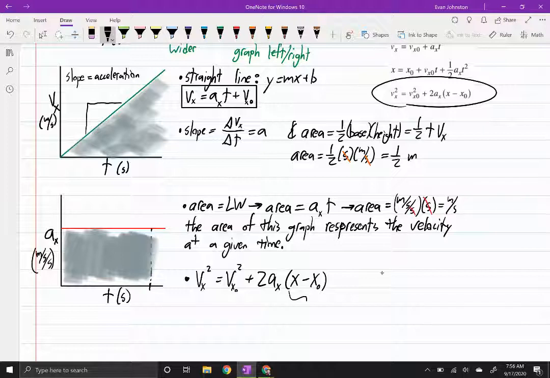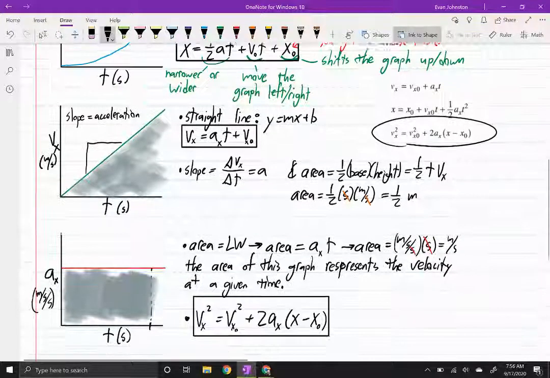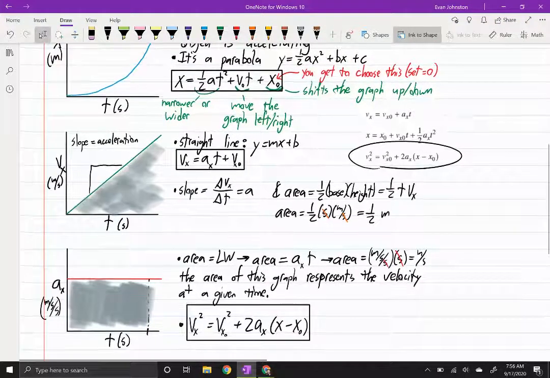Really, this bottom thing is just delta x, right? That's kind of the same thing. But I just wanted to give you the full version that they have given you on the equation sheet, okay? So this one, I can't do a little derivation for, but that is really like our last main equation that you are given as a resource for the AP test.